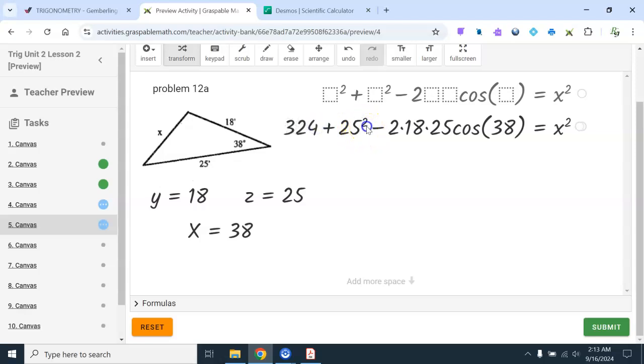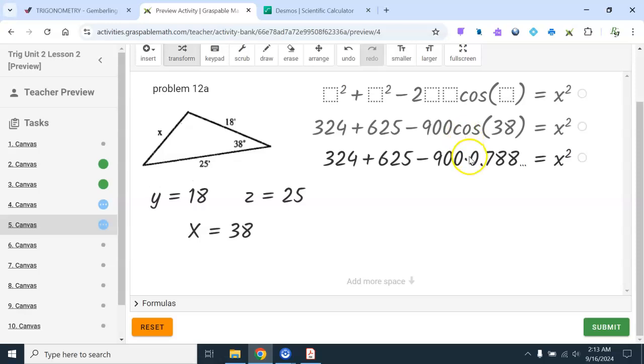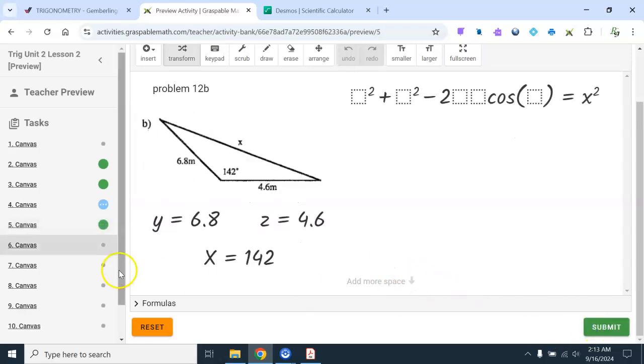But for the program I'm using, we're going through the steps here. So we end up with a final answer of approximately 239.790. And so hopefully you find the length of x to be approximately 15.485.